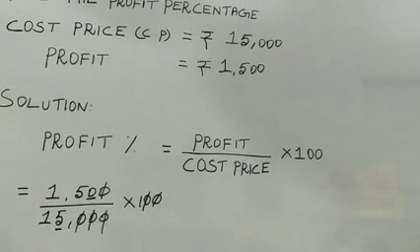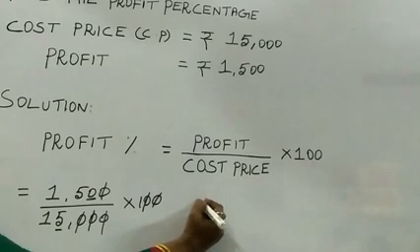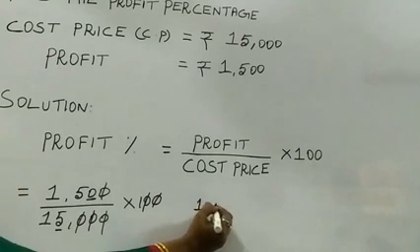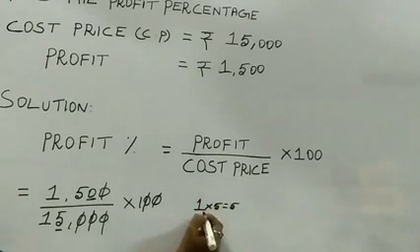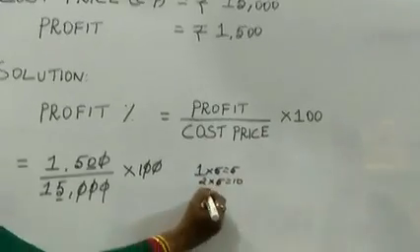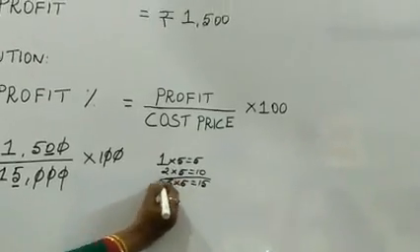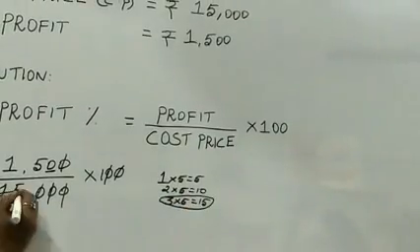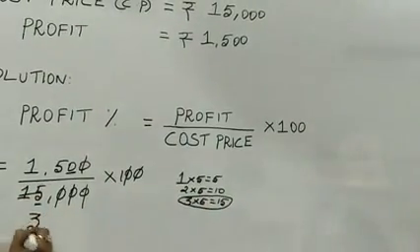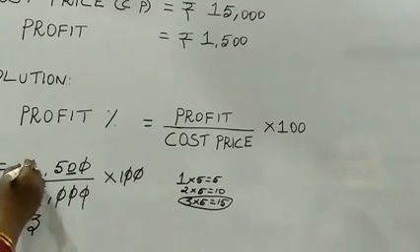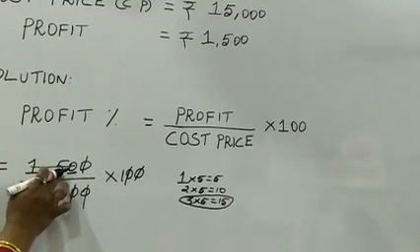So how many times 5 in 15? 1 5 is 5, 2 5s are 10, 3 5s are 15. So how many times, children? 3 times.